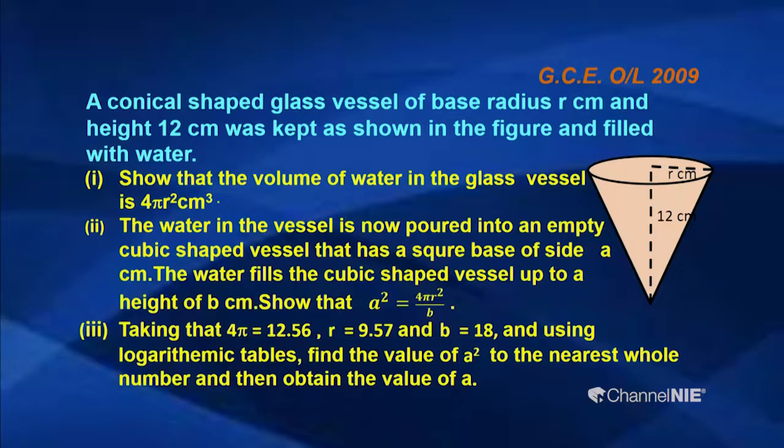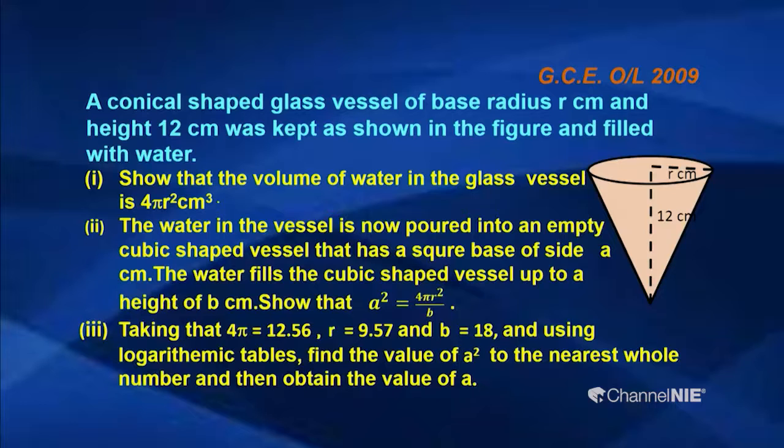The next one, number 2, the water in the vessel is now poured into an empty cubic shaped vessel that has a square base of side a centimeter. Now we are going to pour that water volume into another vessel.